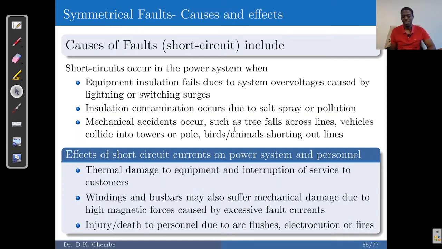Then windings and bus bars may also suffer mechanical damage, which may be due to high magnetic forces caused by the high fault currents. And as I mentioned, you can have injury to personnel through arc flashes, electrocution, or fires. These effects are not wanted because equipment and personnel both have to be safeguarded.